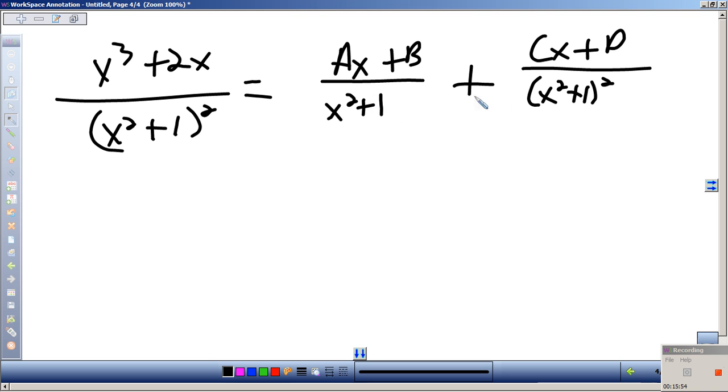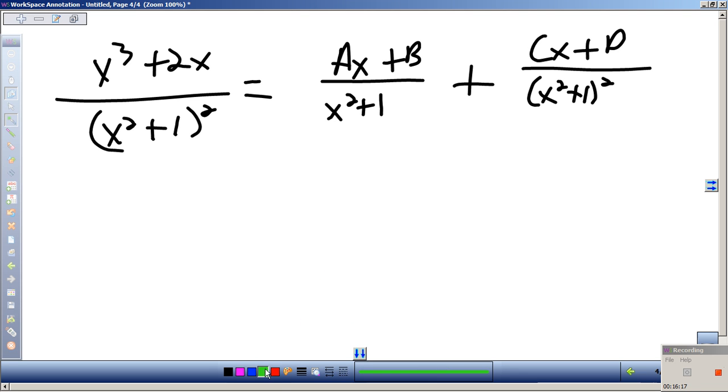This is just like the last one where we had a squared term and a regular term. So anytime you have a quadratic term once you've factored the denominator, we have to have a linear term up here, meaning ax plus b.